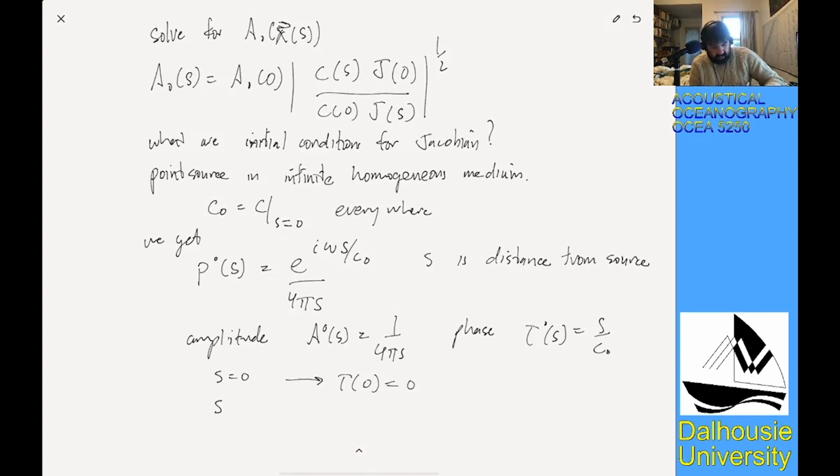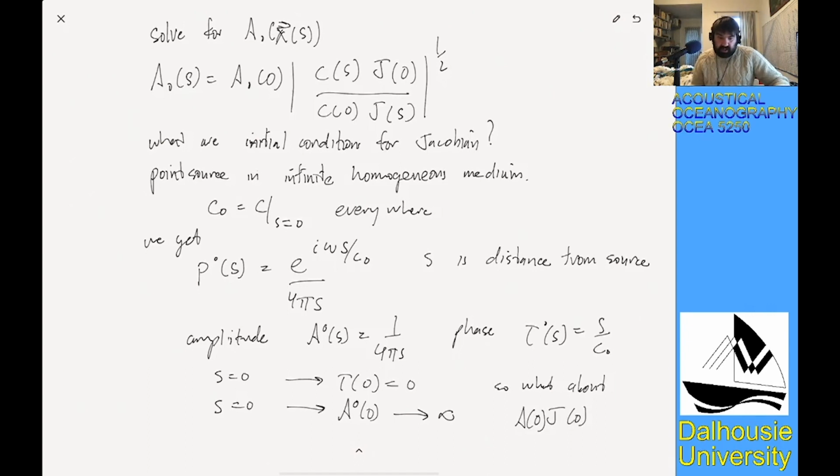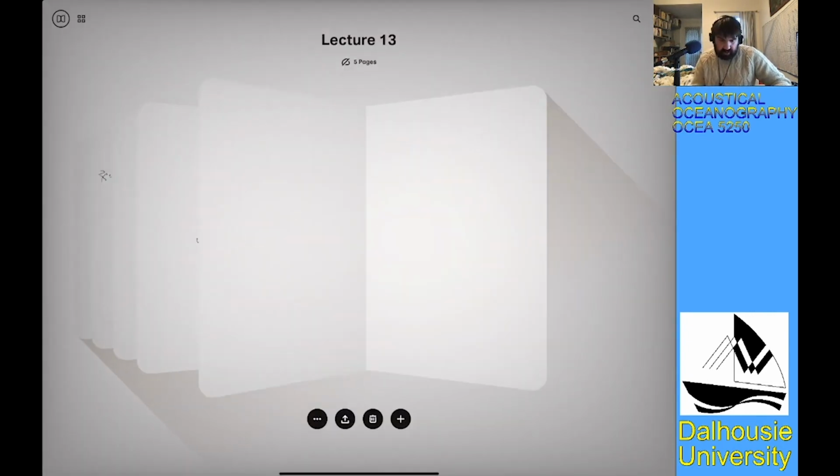And at s equals 0, we need A naught to go to infinity, right? But we still have this problem. What about our initial condition? Still have this question. What is the initial Jacobian?